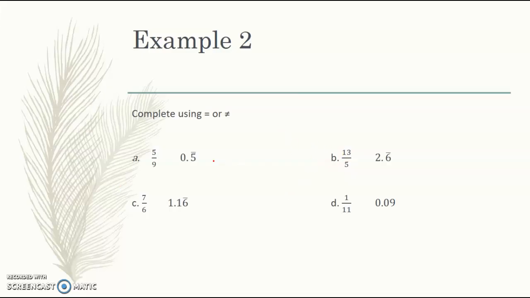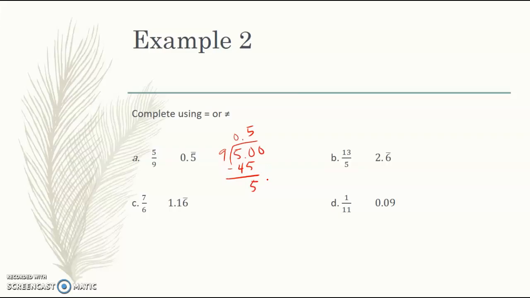Here we're going to complete the statement by using an equal or a not equal to. As we divide, and again this is the type of work I'm looking for on your homework, I'm going to do 5 divided by 9, and we know that 9 won't go into 5, so we're going to do 0 point. And I know that 9 goes into 50 5 times, because 9 times 5 is 45. Then I'm going to subtract, and we're going to be left with 5.